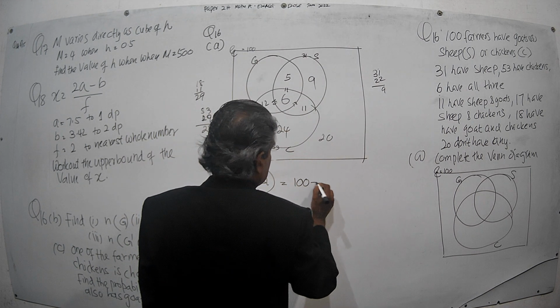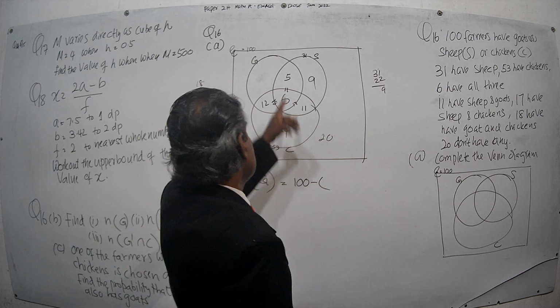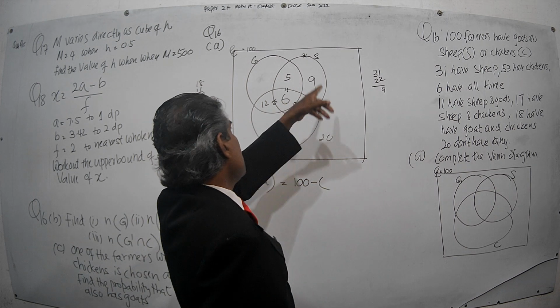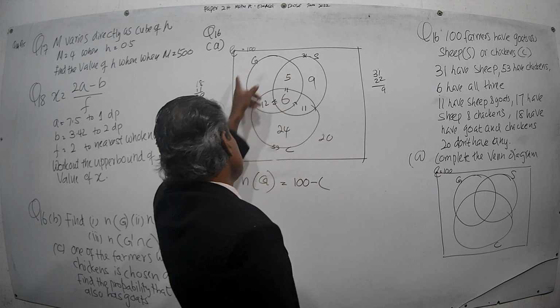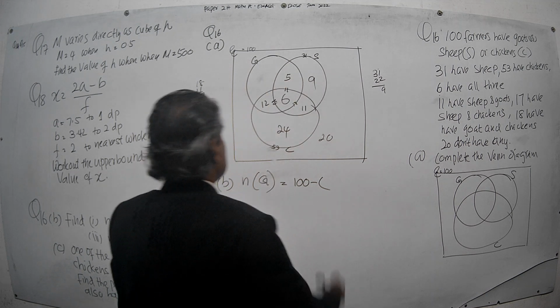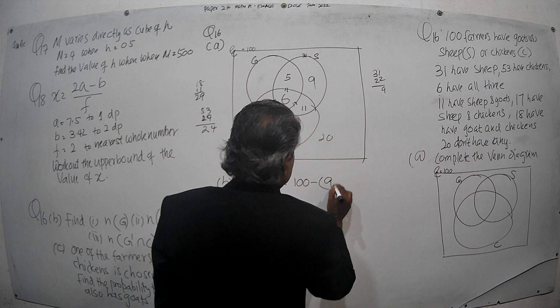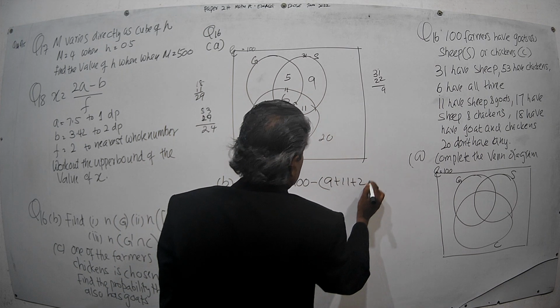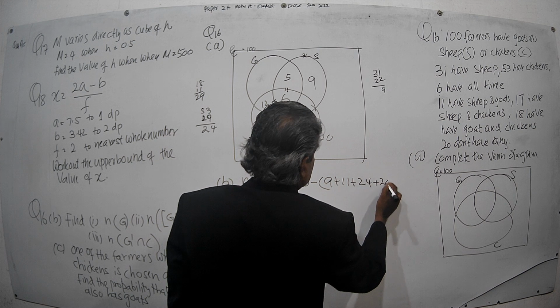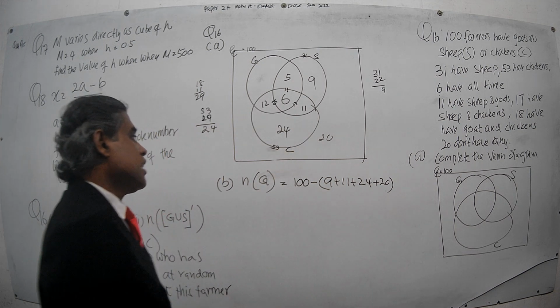From this 100, we deduct all the values not belonging to G. What are the values not belonging to G? 9, 11, 24, 20. All these do not belong to G. Then you deduct them all.